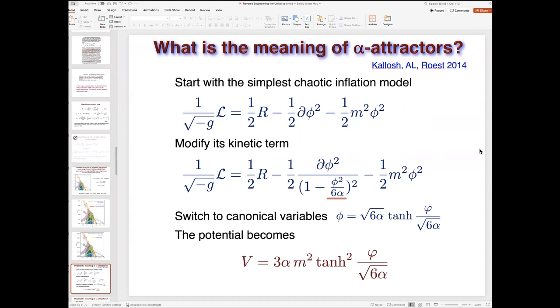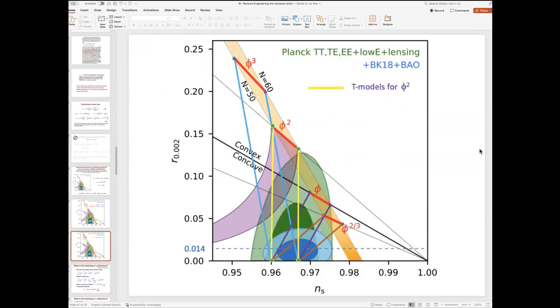We had this Starobinsky model, and the Starobinsky model perfectly occupied the low part of the picture. And nobody cared about this, as I said. For many years, the Starobinsky model was not very popular.